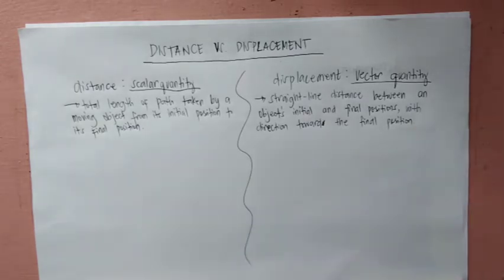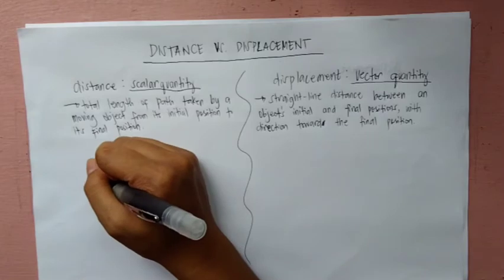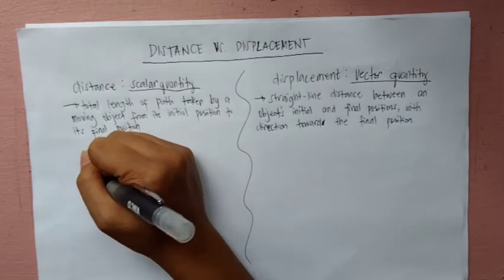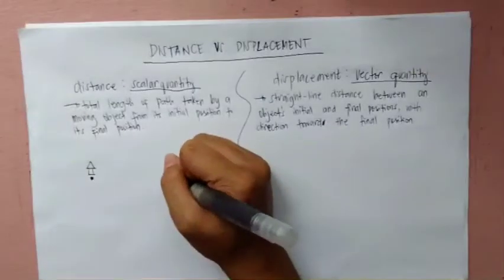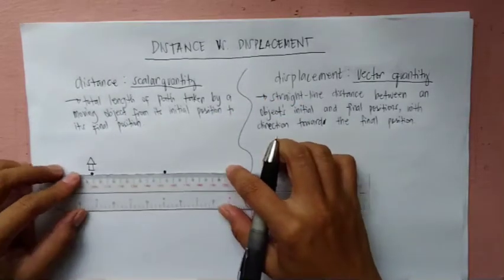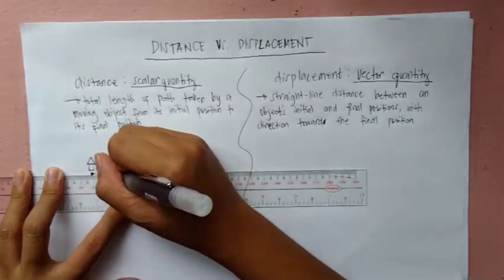Let me give you an illustration. This is the starting point, the house of the student, and this point right here is the school.